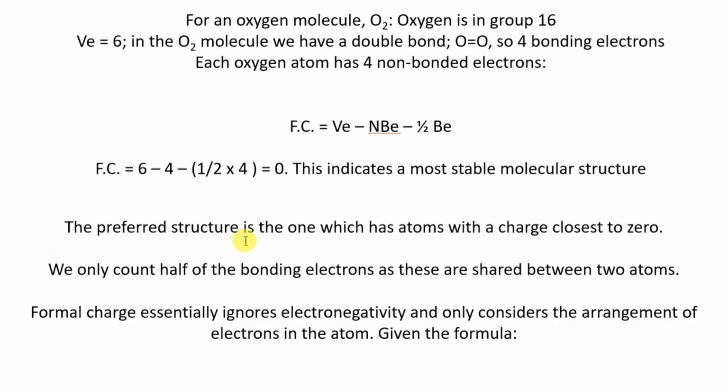The preferred structure is the one which has atoms with a charge closest to 0. We only count half of the bonding electrons as these are shared between two atoms. Formal charge essentially ignores electronegativity and only considers the arrangement of electrons in the atom. Given the formula.